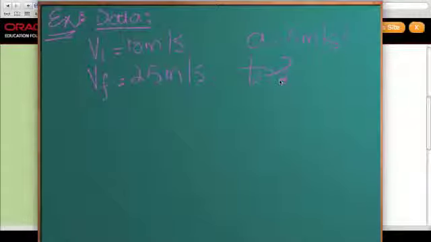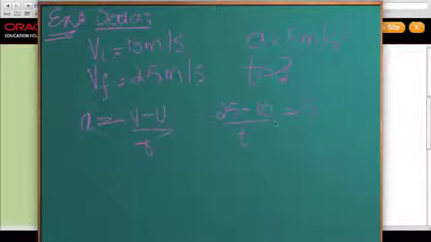How long? So for acceleration and velocity, we have just one formula, which is a equals v minus u over t. Okay, my pen is acting up. I'm really sorry about it. So anyway, this would be 25, which is the final velocity, minus the initial velocity, which is 10, divided by t, equals a, which is 5.